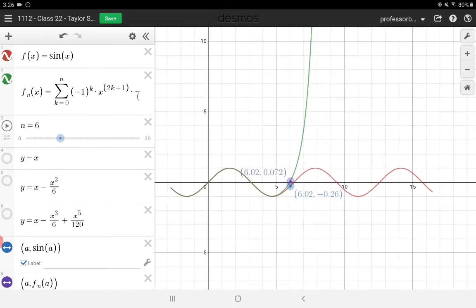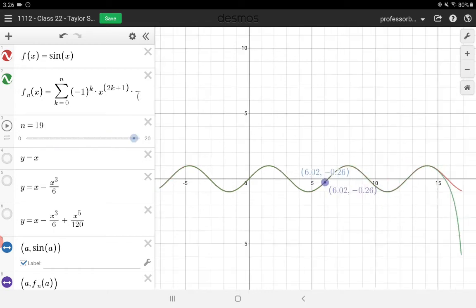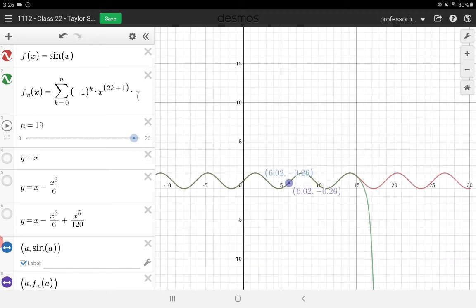And so there's something going on here where essentially if I were able to add infinitely many terms to this function, I literally would get the sine function. In a very real sense that we're going to explore over the next few weeks, the sine function that we have come to know and love, or at least like, I hope, really does literally equal the limit of this expression.